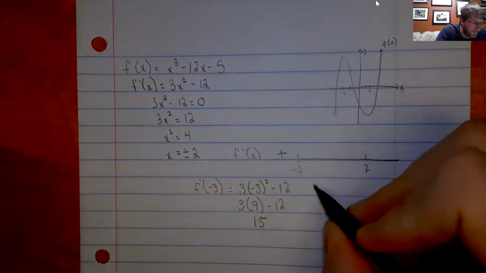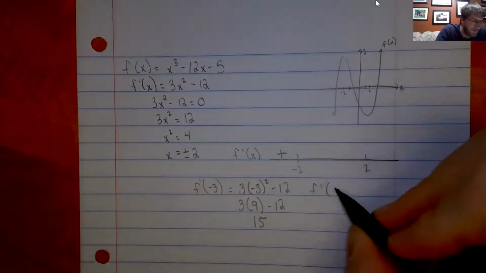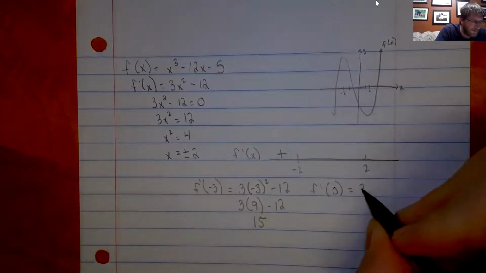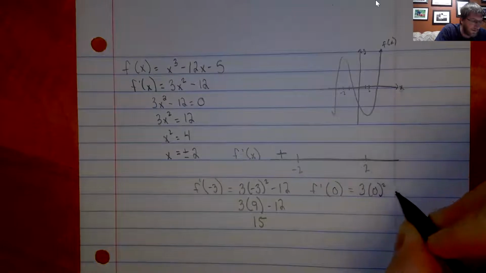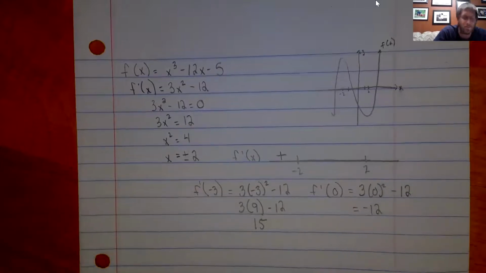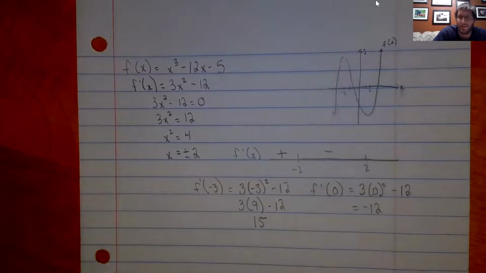I'm going to do the same thing. I'm going to find a value between negative 2 and 2 to test. The easiest one to test is 0. So if I put a 0 into my derivative, I get 3 times 0 squared minus 12, which is negative 12, which once again, the actual value, not that important, but the sign of that value is, that's a negative, so it's decreasing there.